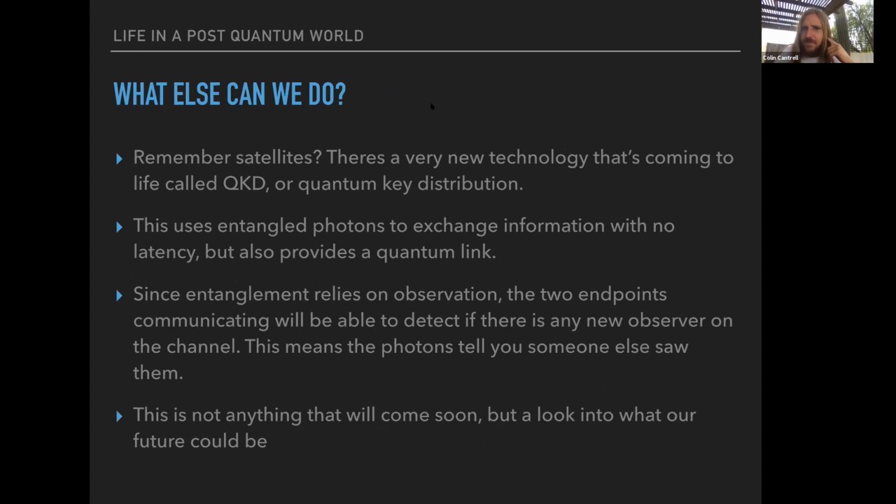Remember the satellites, right? There's a very new technology that's coming to life called quantum key distribution. This is something that I find really fascinating. Now, the Chinese have claimed to have done it through a laser beam, okay? But not sure if they have. The premise of it, though, is circulated around quantum entanglement, where you have two entangled photons, and you separate them, and you observe one photon, and the observation will trigger the same on the other, right?